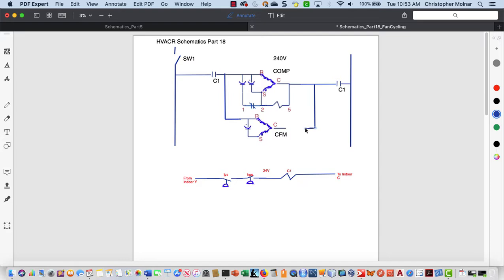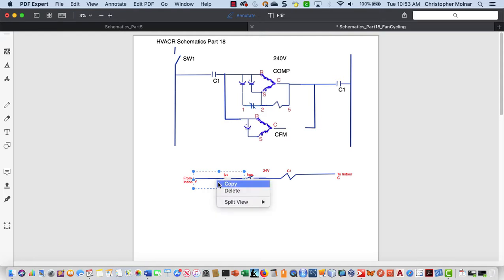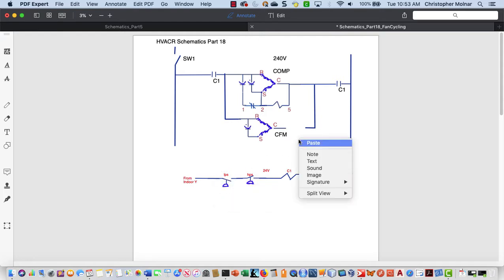Okay, so we're going to copy my low pressure switch, which is right there. Okay, I'm just going to copy it, and I'm going to paste it.